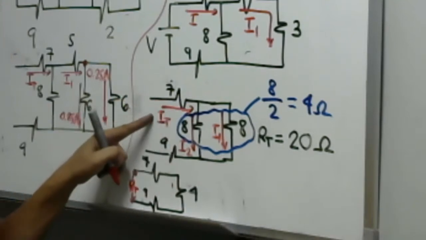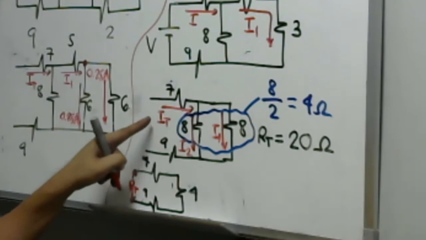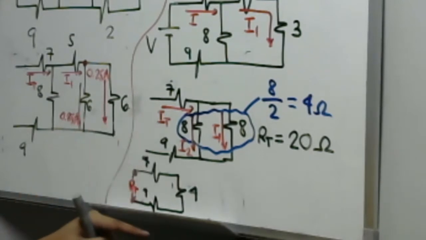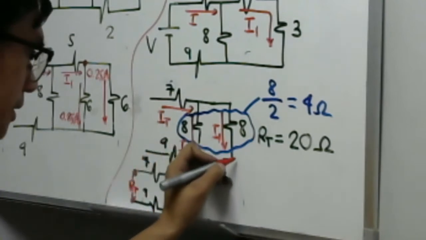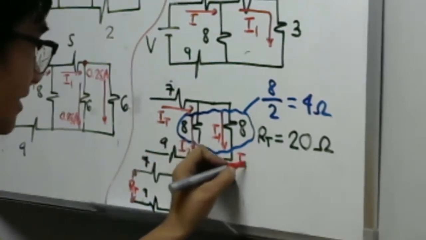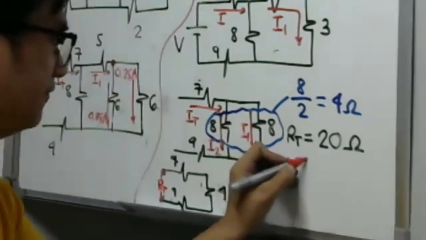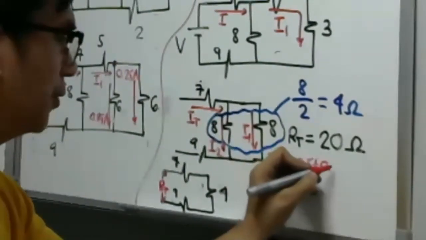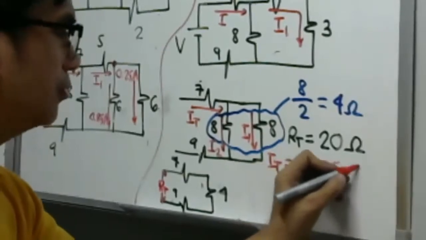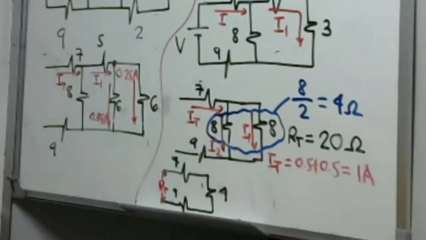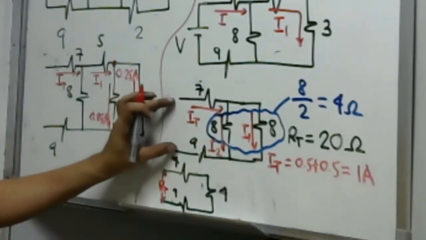Your total current is simply equal to I1 plus I2. So this is our I total. So we have here 0.5 plus 0.5, so we'll come up with 1 ampere.